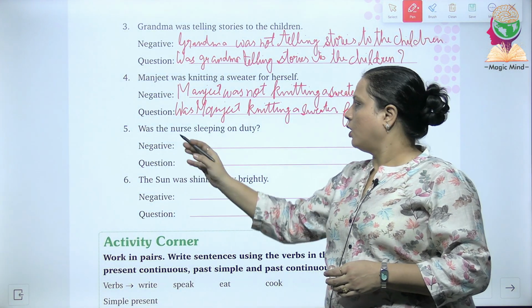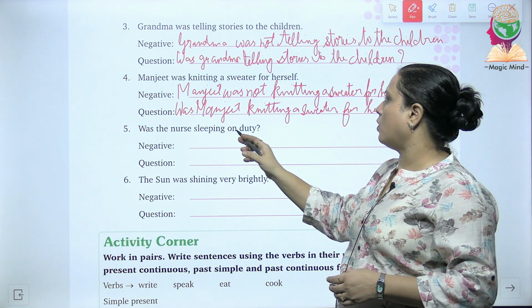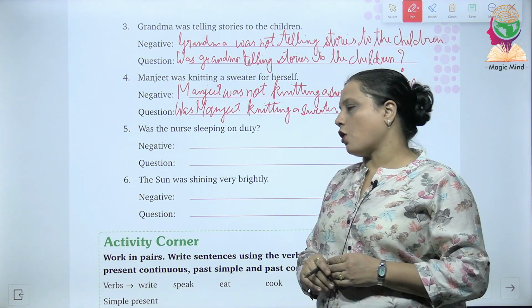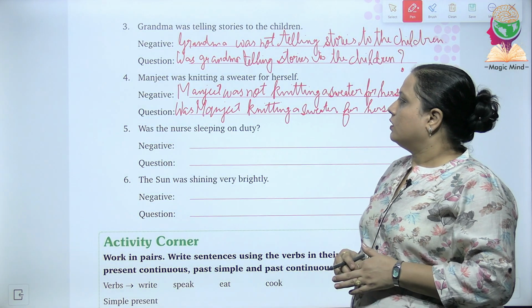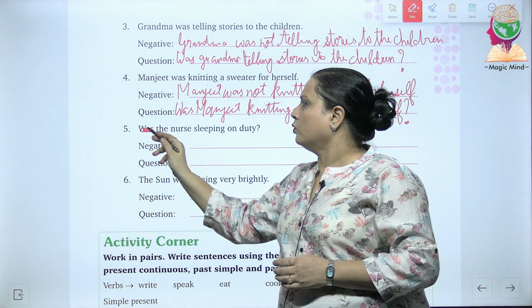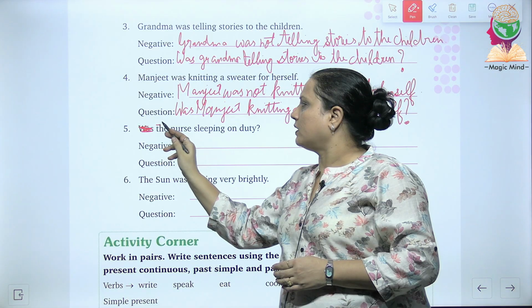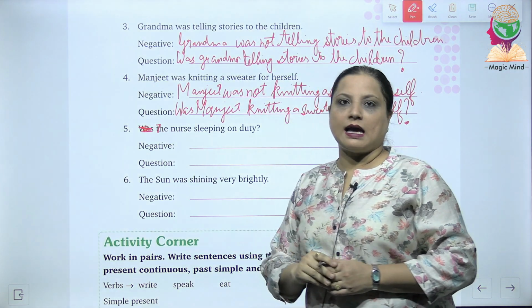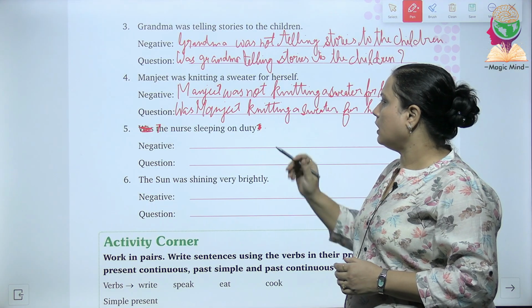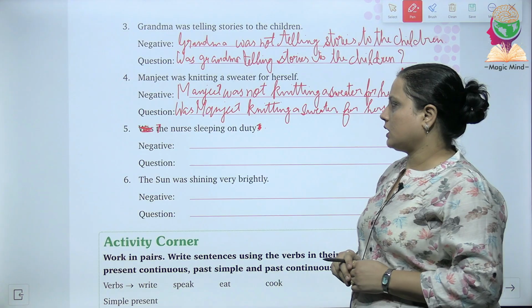Fifth one, was the nurse sleeping on duty? Now in this sentence there is something wrong. The sentence actually had to be, you had to cut this. It will begin with the, make the T capitals, remove the question mark from here, we will put a full stop. Now the sentence is correct.